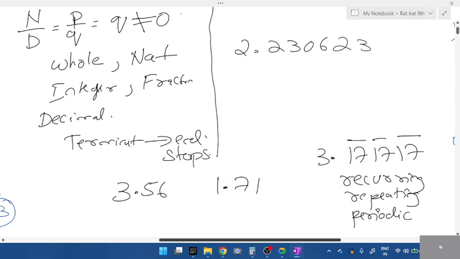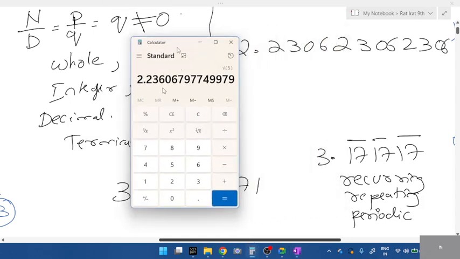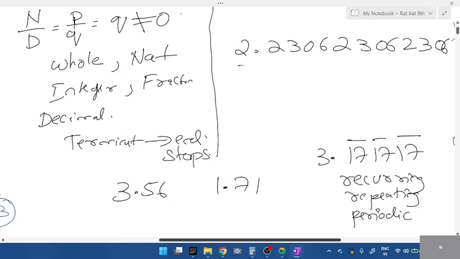After that, again 2306 should get repeated like this. Do you think it is getting repeated? 2306, 360, again 76797, all are different numbers, right? So this is just a normal non-terminating number. In non-terminating number, if it is specific like this, what do you call? Recurring, repeating, or periodic. Okay.